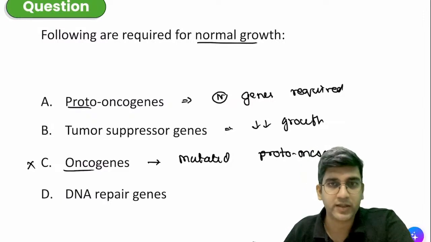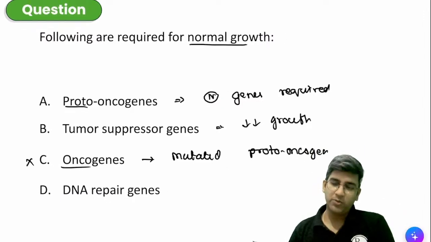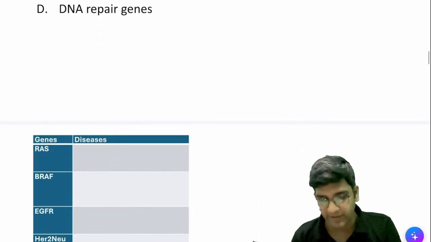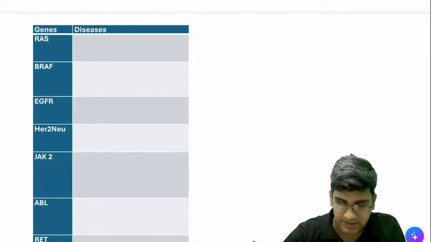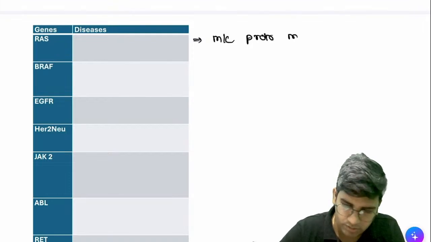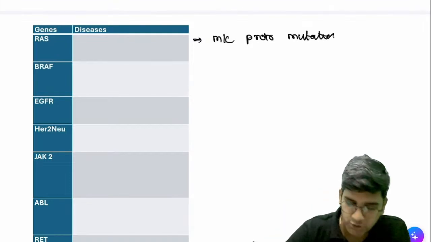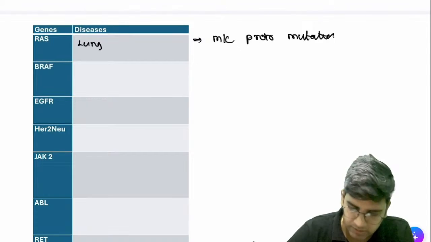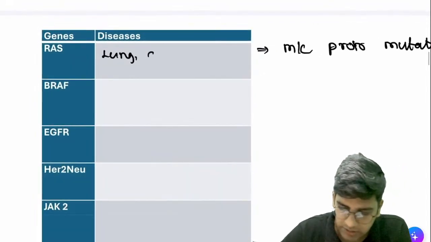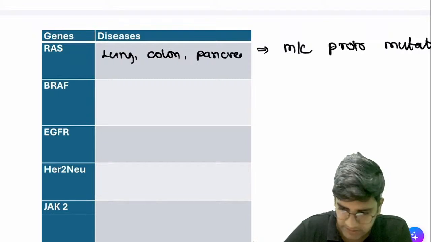Fine. Okay. Perfect. Now let's have a quick look at a few of the proto-oncogenes which might come in an exam. Fine. RAS is the most common proto-oncogene mutated throughout the body. RAS is seen in case of your lung, colon, and pancreatic adenocarcinomas.